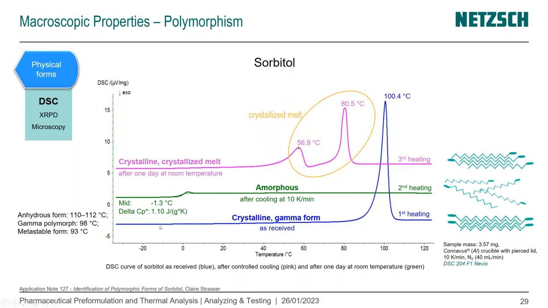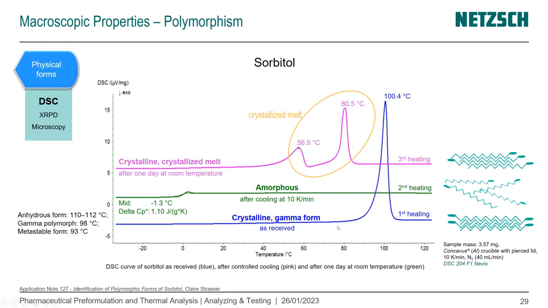When it's cooled down and again heated, the second heating shows us that we do have an amorphous material. So during this process of heating and cooling, the lattice was broken, and the sample didn't have time to rearrange the lattice, so we have amorphous material. But when this material is left at room temperature for 24 hours, we do have the reorganization of the molecules in a different lattice order, as we can see here by the temperature.